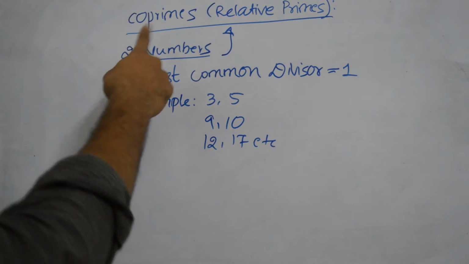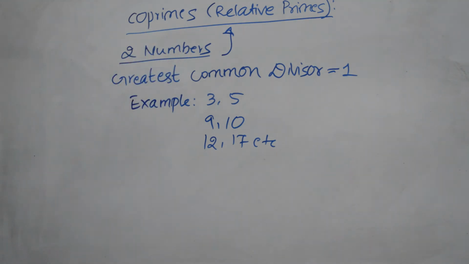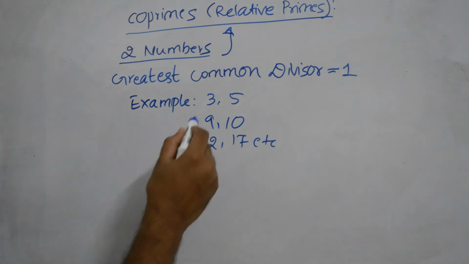So let us see co-primes or relative primes. Two numbers are said to be co-primes or relative primes if the greatest common divisor of those two numbers is equal to 1. For example, 3 and 5.